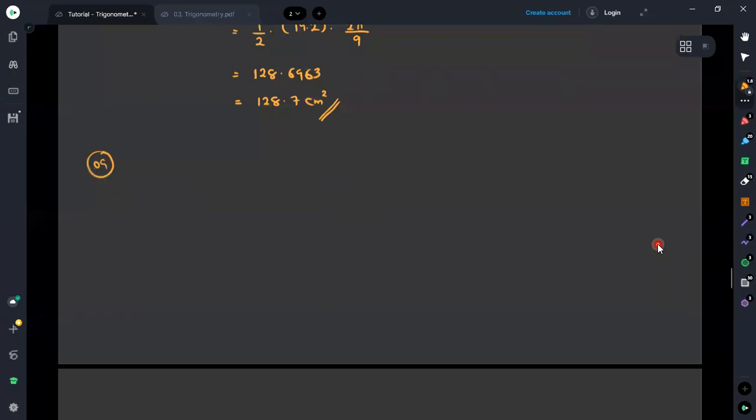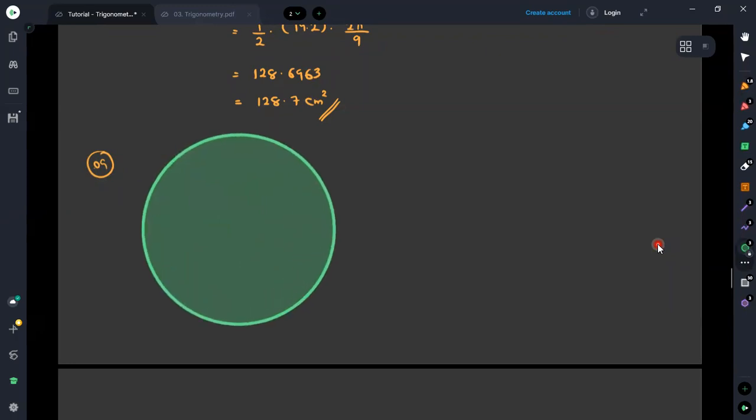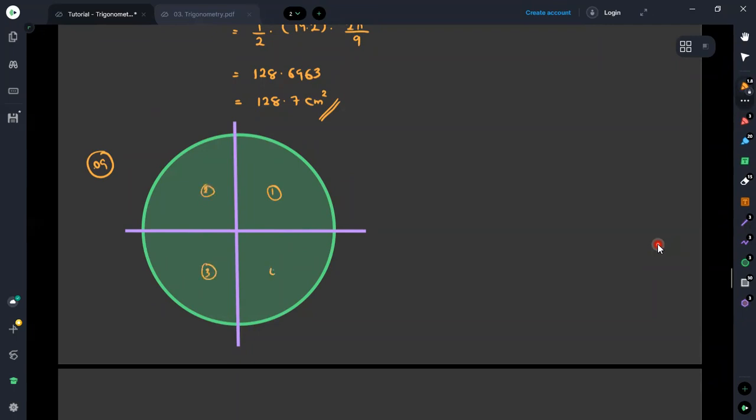Therefore, if we refresh our mind regarding the associate acute angles, if we have the circle in this form, and we have the four quadrants in this way, we have named them as the first quadrant, second quadrant, third quadrant and the fourth quadrant.